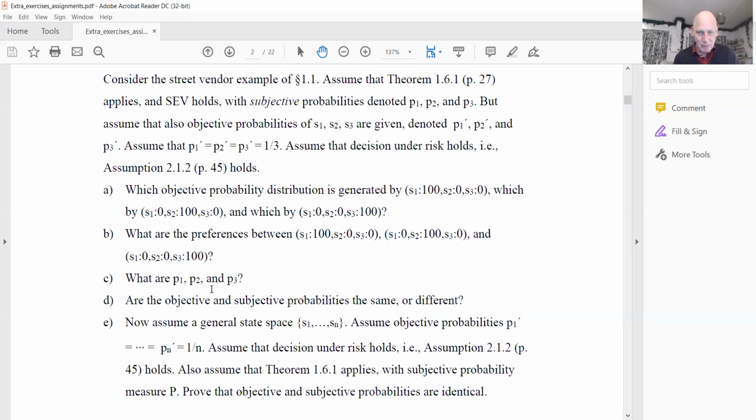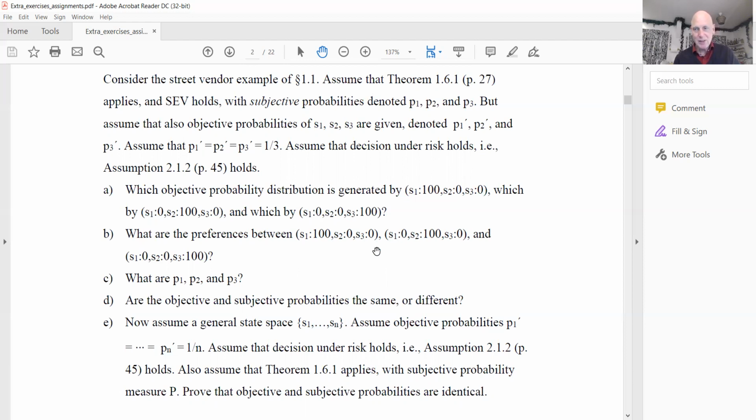Because if you reconsider the reasoning we did, we really used expected value maximization there in part c, that indifference of these three prospects implies that the subjective probabilities must be the same. Well, imagine that we have a theory that need not be expected value maximization, but we do have, for instance, p1, the subjective probability of s1, strictly greater than p2, the subjective probability of s2. That would mean this prospect gives a strictly bigger probability of the good outcome than that prospect.